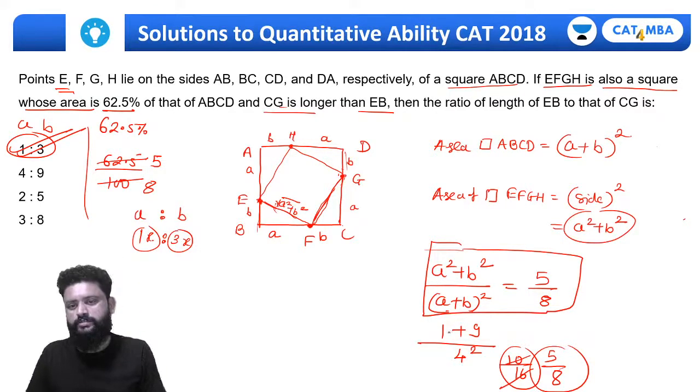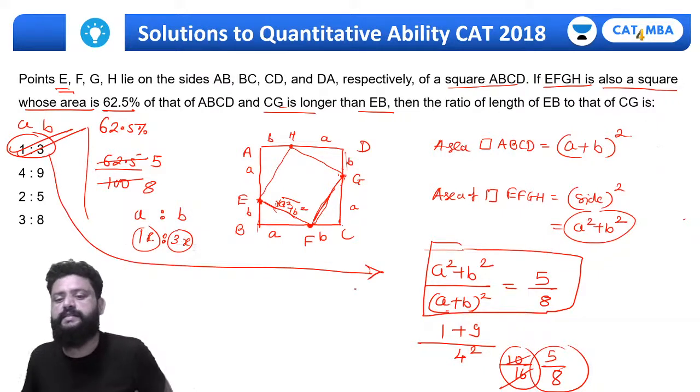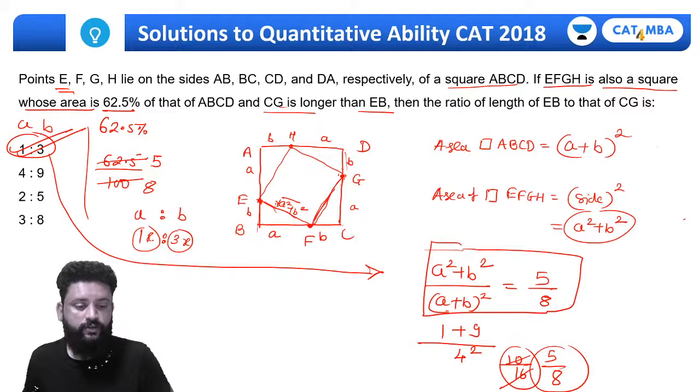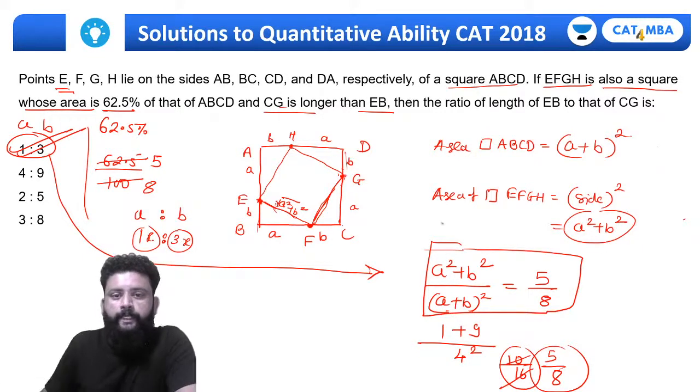So put 1x and 3x: this will be x square, this will be x square, and you get x plus 3x, 4x square, anyway x square gets cancelled. So that's why this ratio must satisfy this equation, that is for sure. That's the way to get the answer.